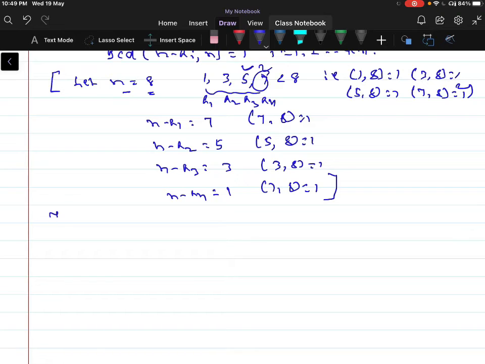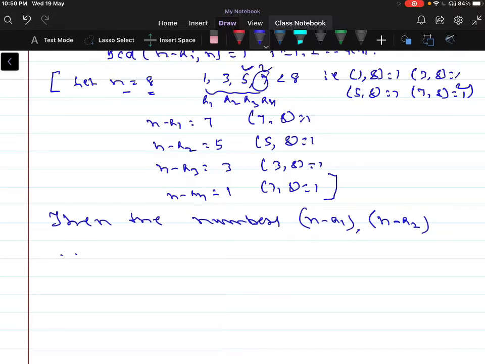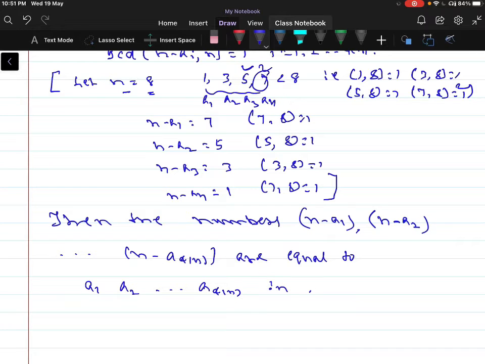Then we can write that the numbers n minus a1, n minus a2, and so on, n minus a pi of n are equal to the numbers a1, a2, and so on, a pi of n in some order.